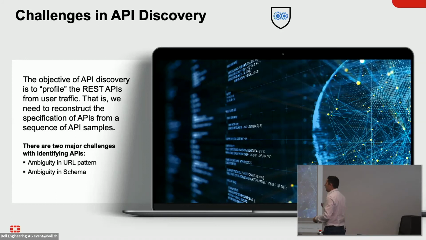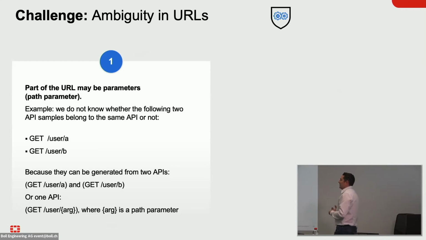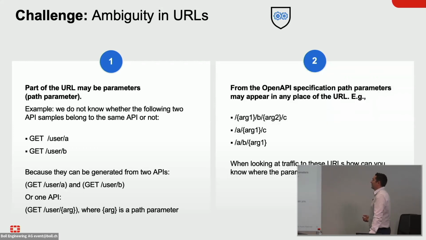This is where we want to introduce machine learning, because with ambiguity we have a lot to manage to understand exactly the difference between two requests, for example, which belong to the same API but maybe don't provide the same results. So it is really important to understand what the API is, what parameters the request uses, and what the results of the different parameters are.